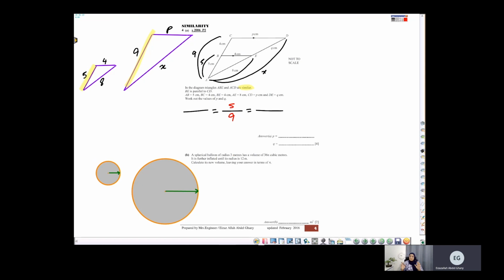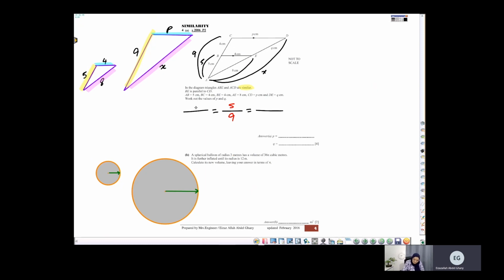If you decide to put the smaller over the bigger, please maintain the same concept in all ratios. So 5 over 9 equals the yellow one over the yellow one equals the blue one over the blue one equals the pink one over the pink one. I love colors.